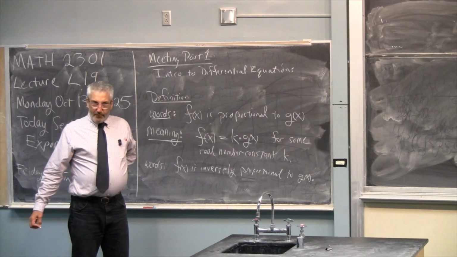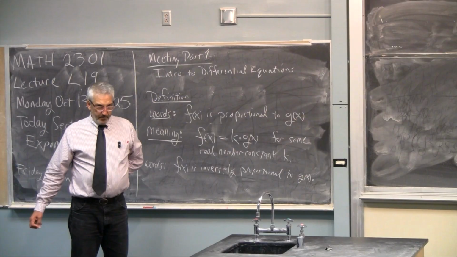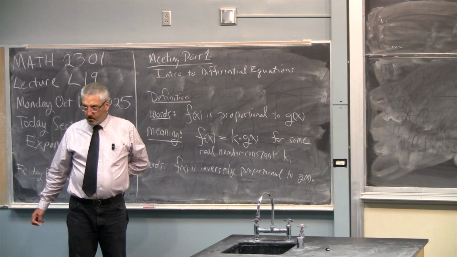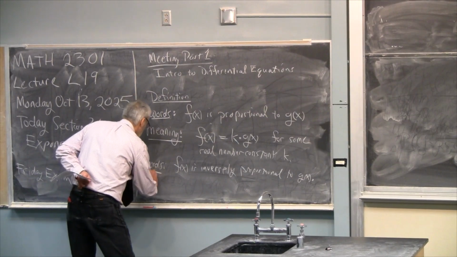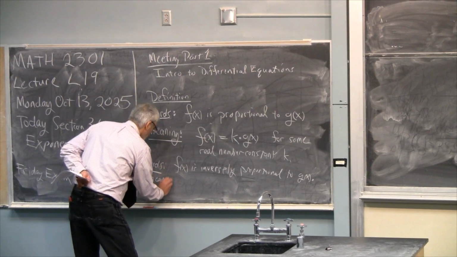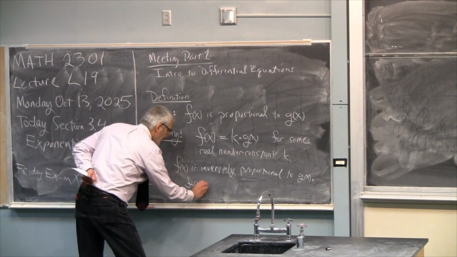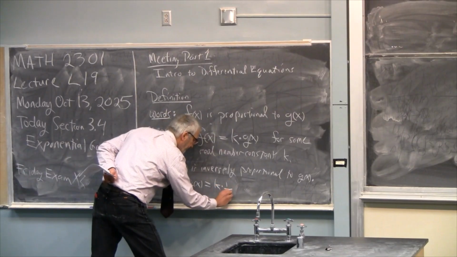f of x is inversely proportional to g of x. Well, the meaning of that is f of x equals k times 1/g of x.